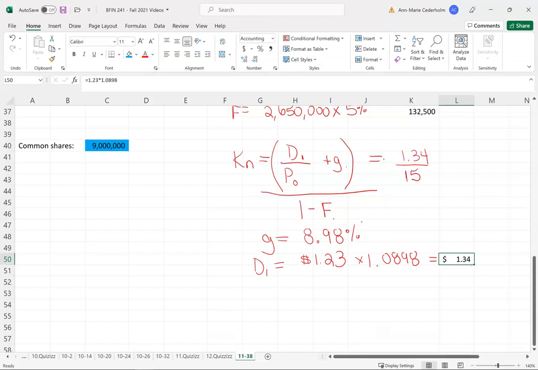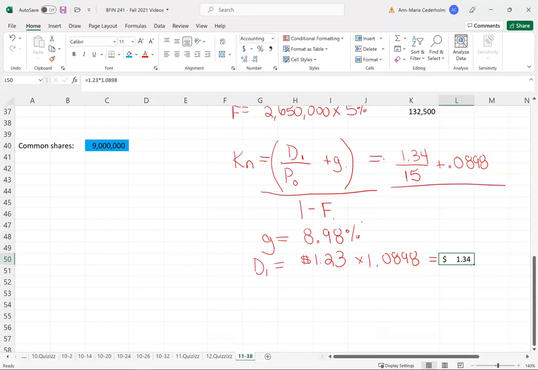And I shouldn't have said the book price. The P0 means the market price. So that's $15. So then I add the growth rate, 0.0898. So that's the top part.